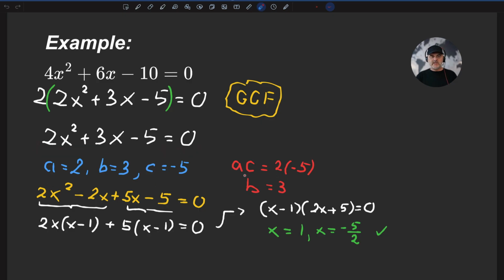So after we identify what two numbers would multiply to 2 times negative 5 and the same two numbers would add up to 3, we proceed with the decomposition method where you create a statement with 4 terms. Instead of 3x, you break that into negative 2x plus 5x.